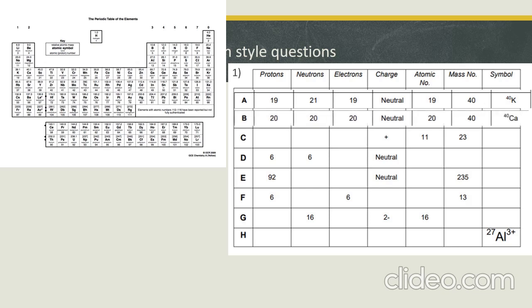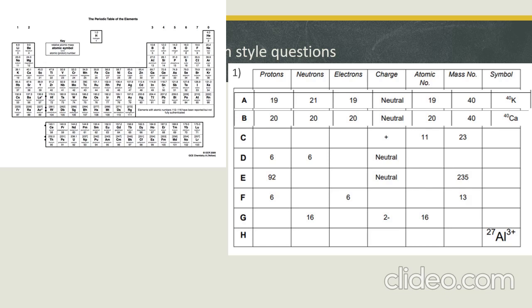It has a positive charge. So if it has a positive charge, then the number of protons is more than the number of electrons by 1. So atomic number is 11. Number of protons is going to be 11 as well. Mass number 23, so for the number of neutrons, 23 minus 11, which is 12. And we said that if it has a positive charge of 1, it means that the number of protons is more than the number of electrons by 1.